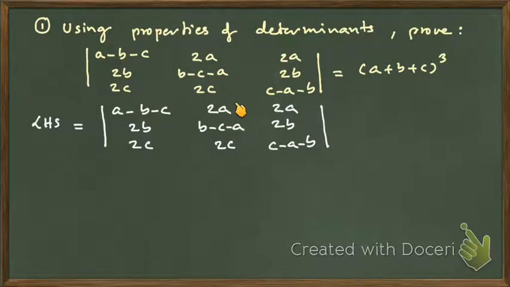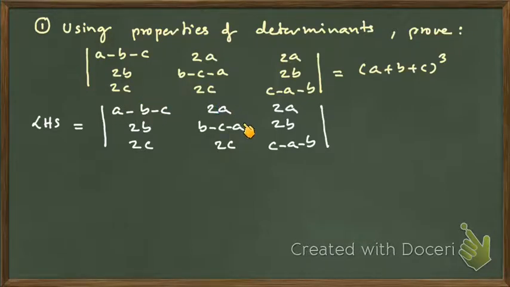To the first row, if I try to add the other two rows, for example, here I have A minus B minus C, and I add the other two rows there, which means 2B will go there and 2C will go there and get added up. So A minus B and 2B will make it plus B, minus C and plus 2C will make it plus C. So I'm going to get A plus B plus C there.